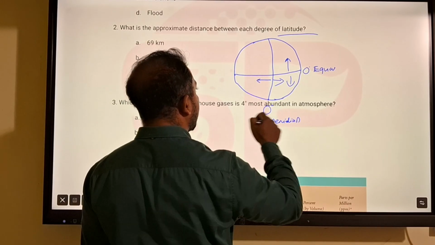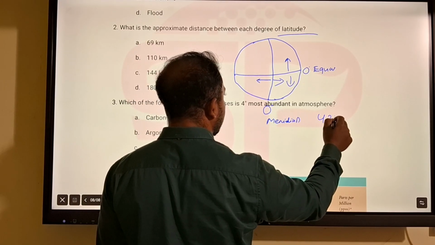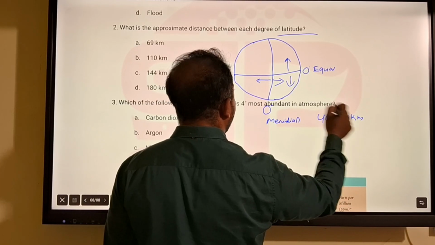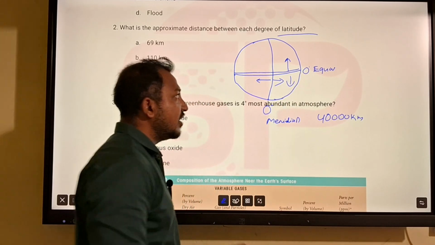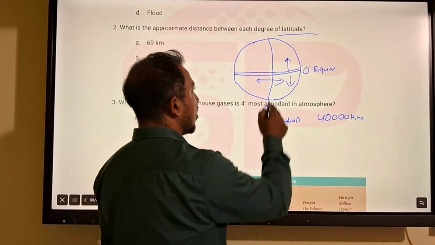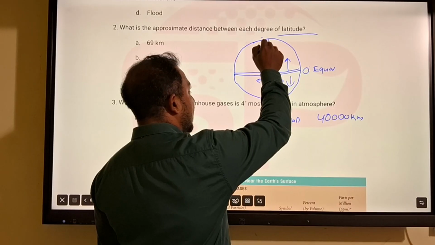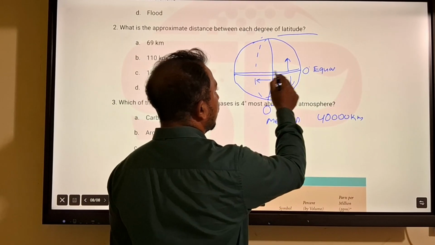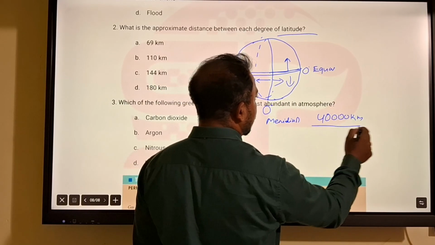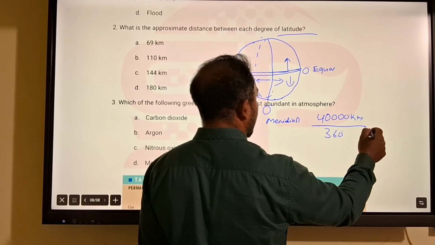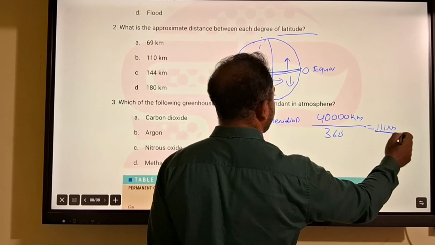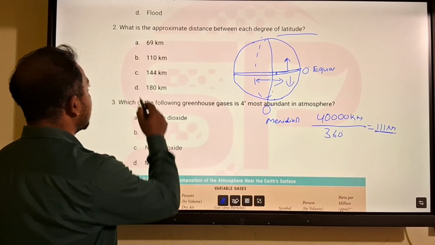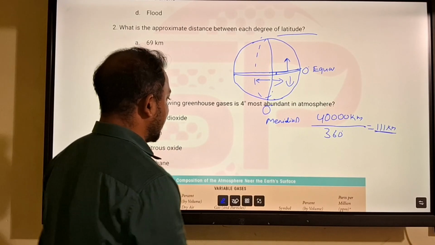If you take the circumference of the meridian, it is about 40,000 kilometers. The meridian intersects all the latitudes, which is 360 degrees for 40,000 kilometers, so approximately each degree is about 111 kilometers. So the answer will be 110 kilometers.